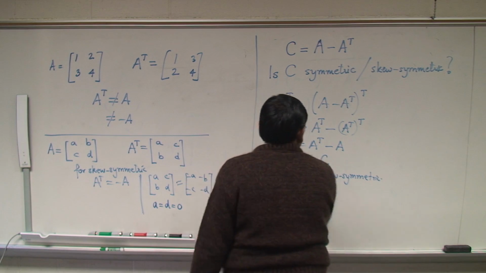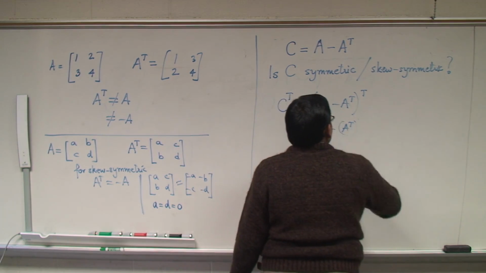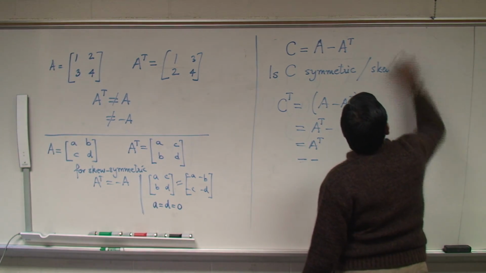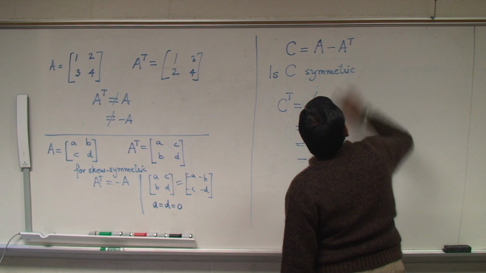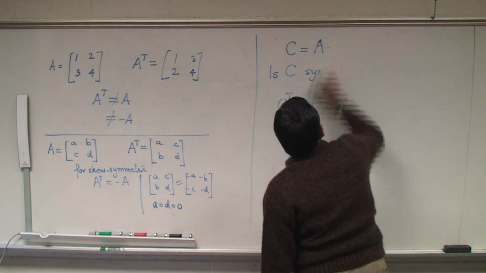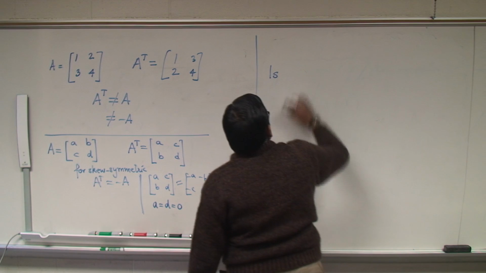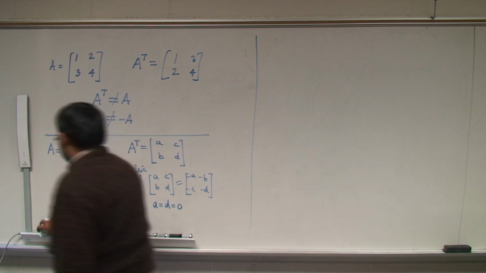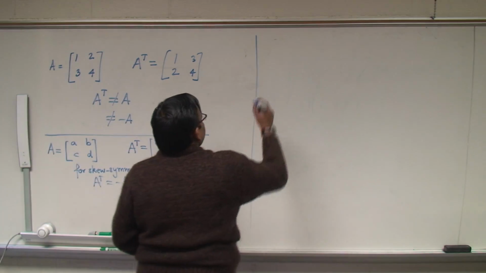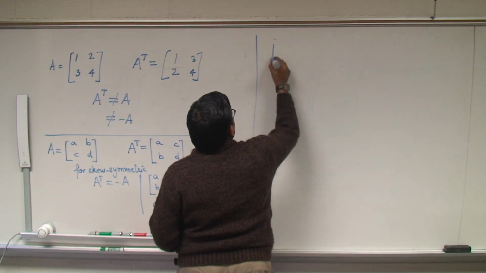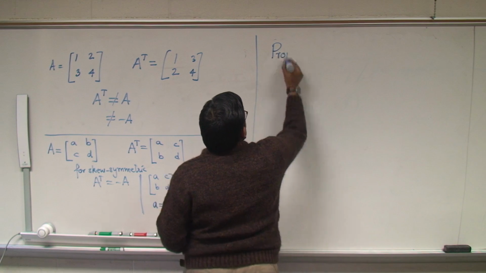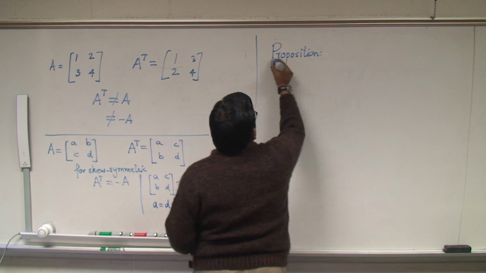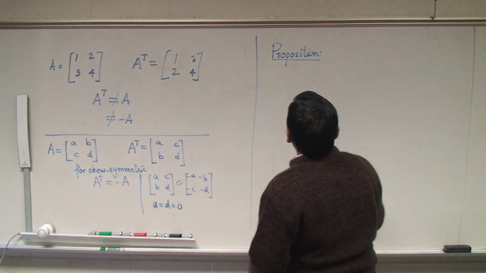Even though I have shown you only a 2 by 2 case, for a general case the same idea will work, and you can try to generalize it for any n by n matrix. So here is a result which we can keep for us. It's again a result which will help us in future.